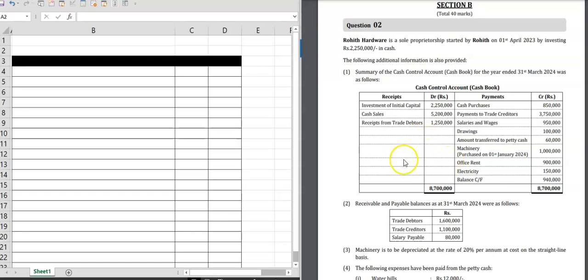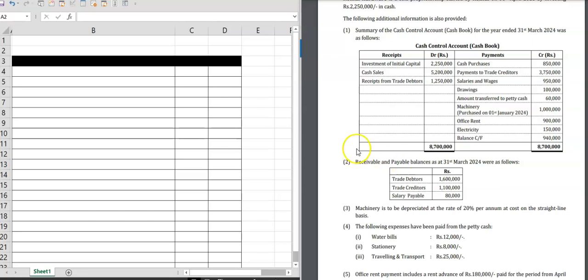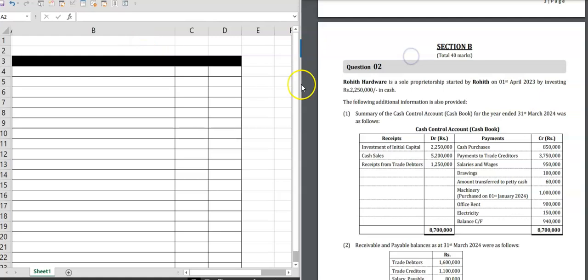Okay, so now let's see how we can do this question. First of all, you have to name this as Rohit Hardware, and this is the trial balance.